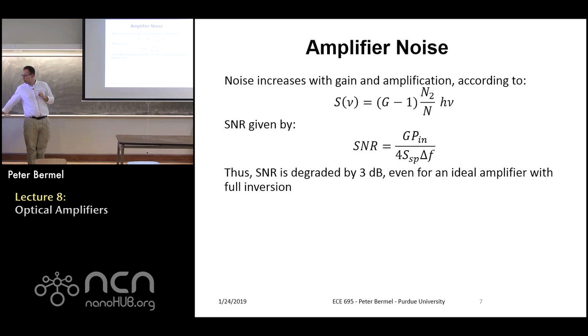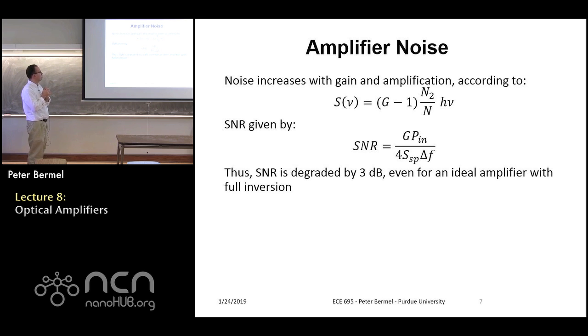Okay. And then another challenge, of course, is noise. These devices, optical amplifiers, are likely to experience significant noise. The noise is dependent on gain, of course. If you have no gain, you're not introducing any extra noise, but this G minus 1 factor tells you the bigger the gain, the bigger the noise amplification.